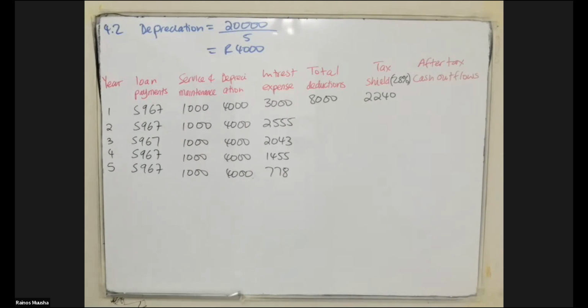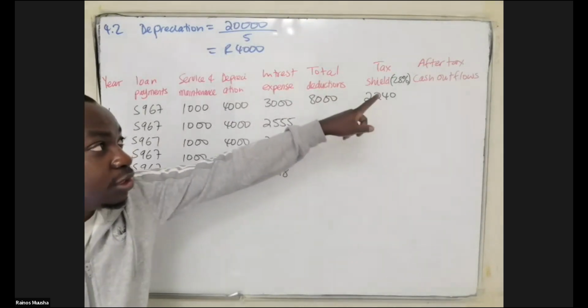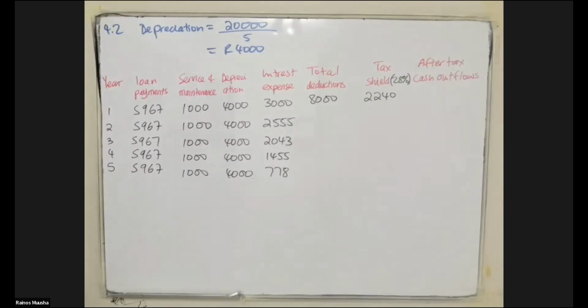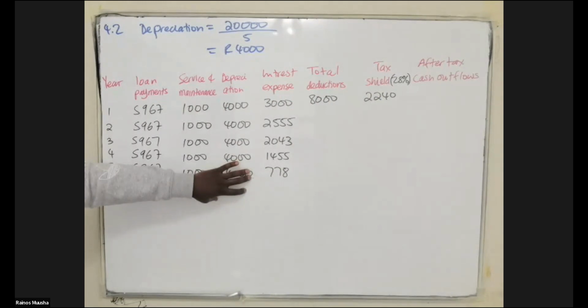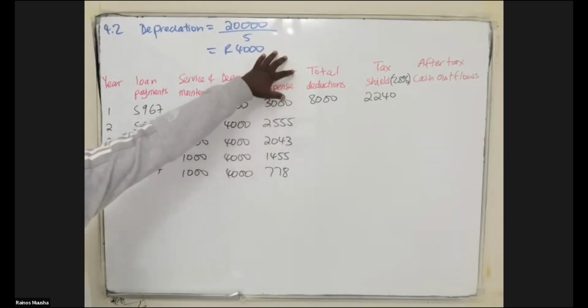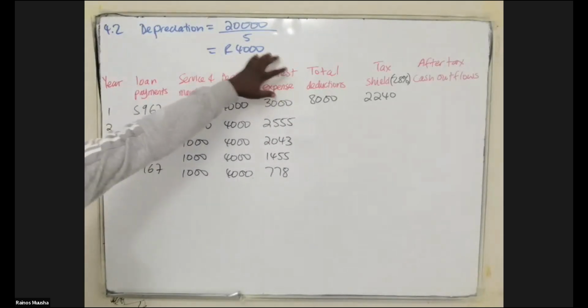To get the after-tax cash outflows, we say the loan payments plus the service and maintenance costs minus the tax shield. We don't include depreciation because it's a non-cash item. And we don't include interest expense because it's already included as part of the loan payments. So that's why we don't include these two.